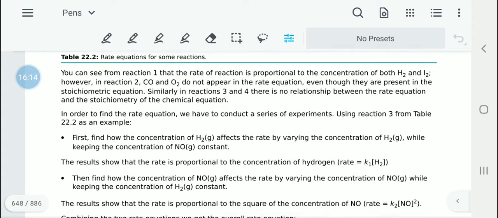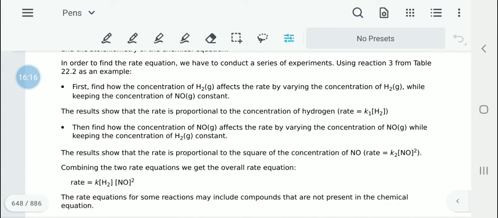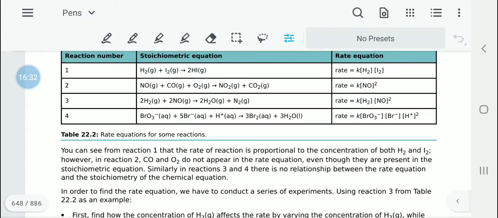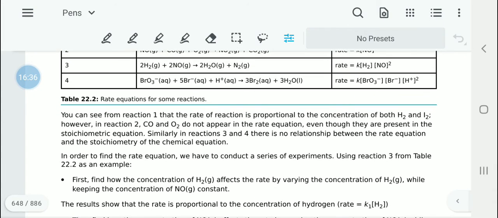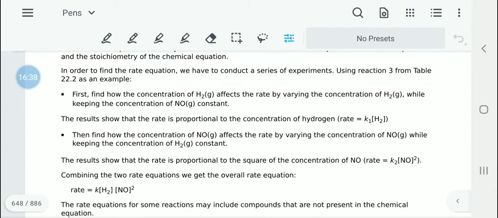So we carry out a series of experiments using a single reaction to find out its rate equation or what affects the rate. Now, if you take the third reaction, hydrogen combining with nitrogen monoxide to produce water and nitrogen gas, we can carry out a series of experiments.